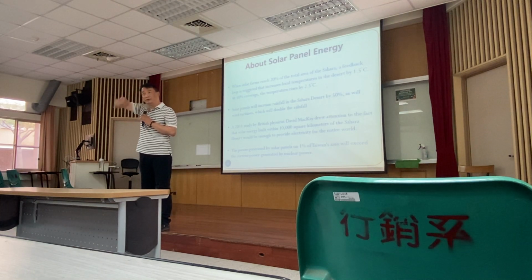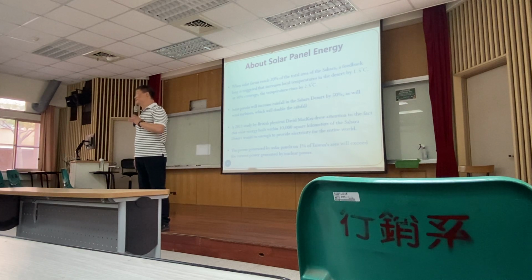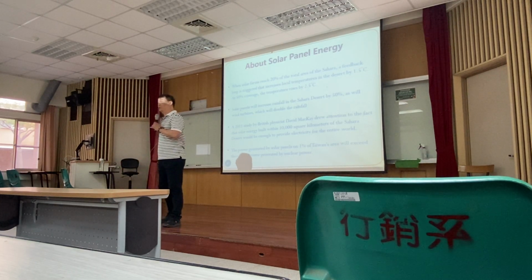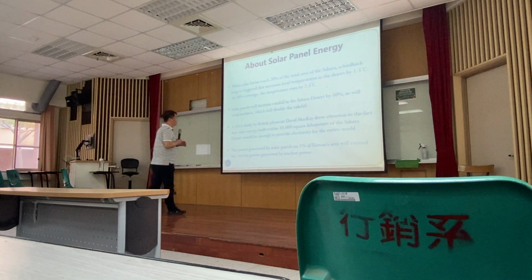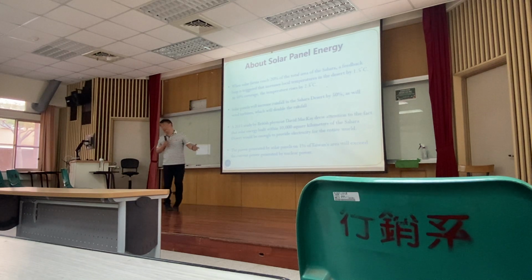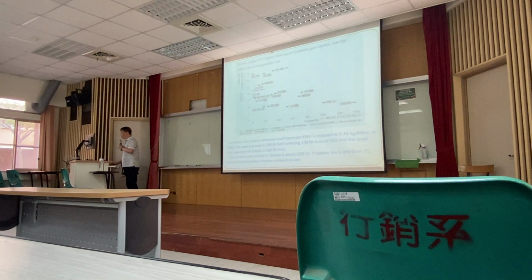NTU itself has 3% of the land, mostly forest, about the largest 3% of Taiwan. So this is just to give you an idea about some facts about solar panels. And I think we also talk about this, and also this number.